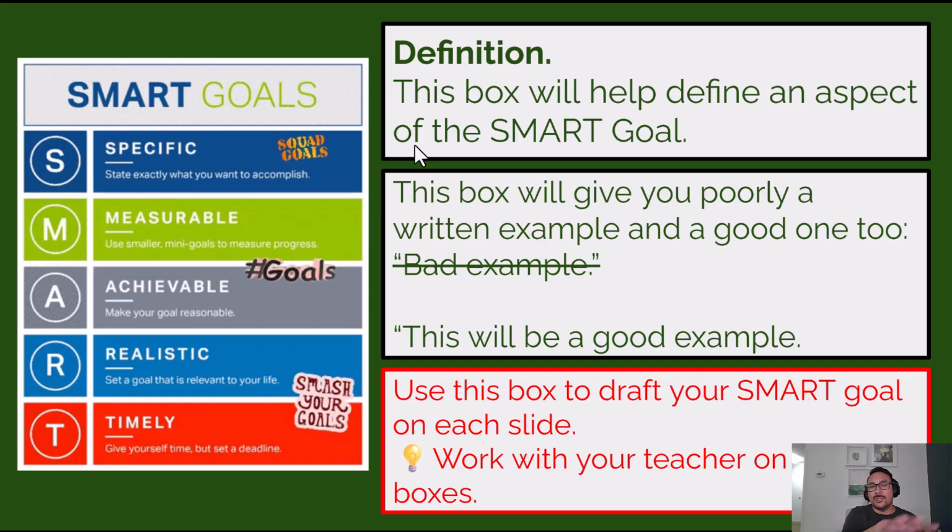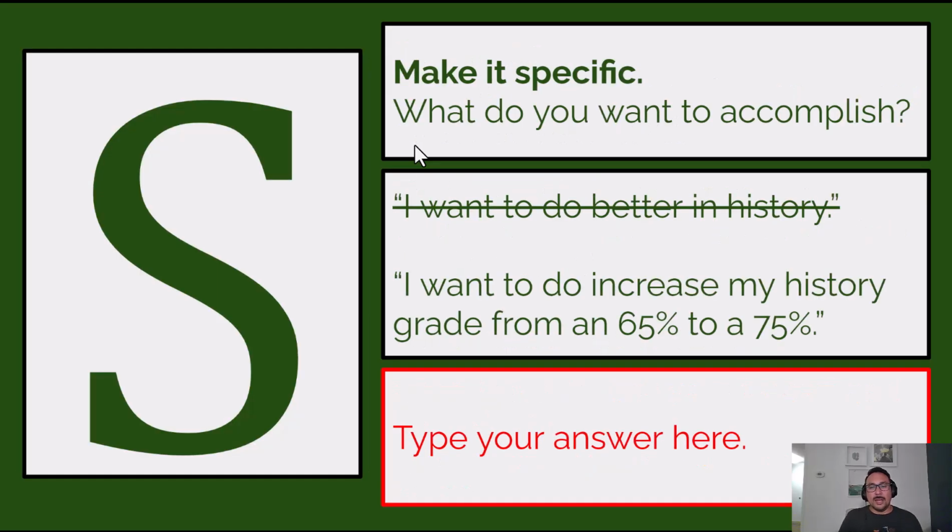The video will explain that a little further. It gives examples, like make it specific, a non-example and what an example is, and then students can write their goal in the red box.